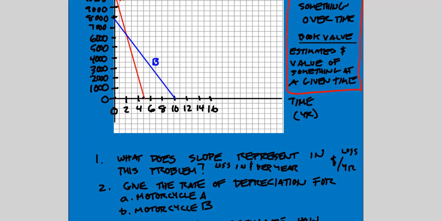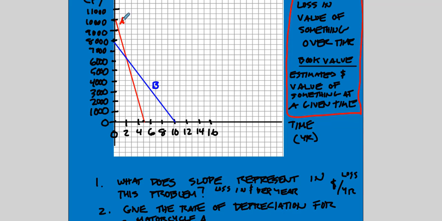So the rate of depreciation for motorcycle A, well, let's do the easiest thing. This is a constant rate of change. It's a straight line, it's linear. So notice that for A, over a 5-year period, the value drops $10,000. You can see that from the graph.